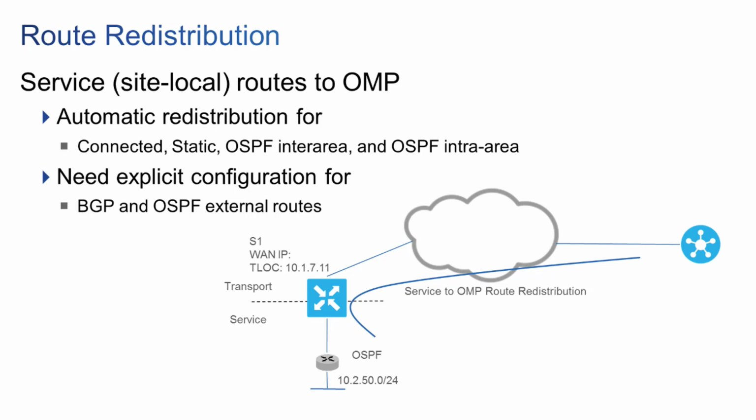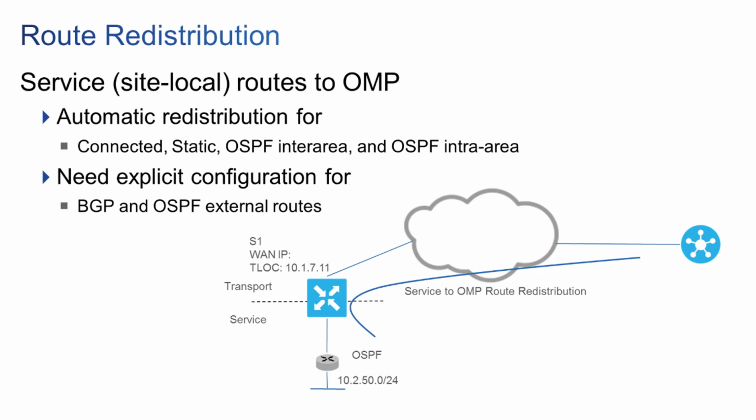Now, to avoid routing loops and maybe even injecting some sort of asymmetric path or less optimal path in the process, we have to explicitly configure redistribution for BGP routes and those OSPF external routes. The idea is we're trying to avoid propagating excessive routing information from the edge to the access portion of the network.